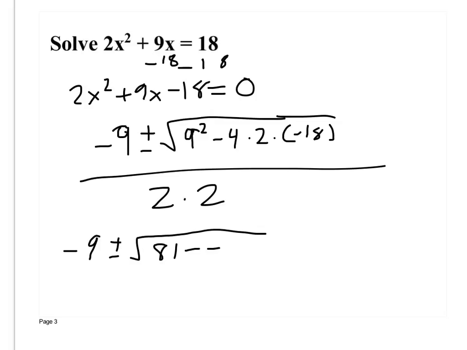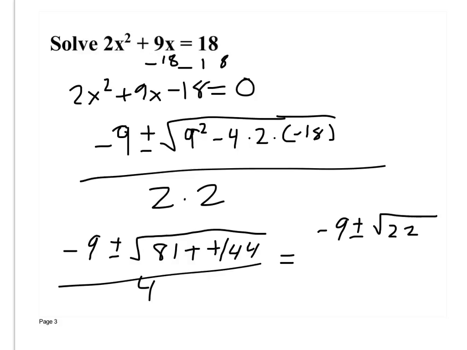So minus negative 144, which gives you positive, plus 81, is 225, all over 4.